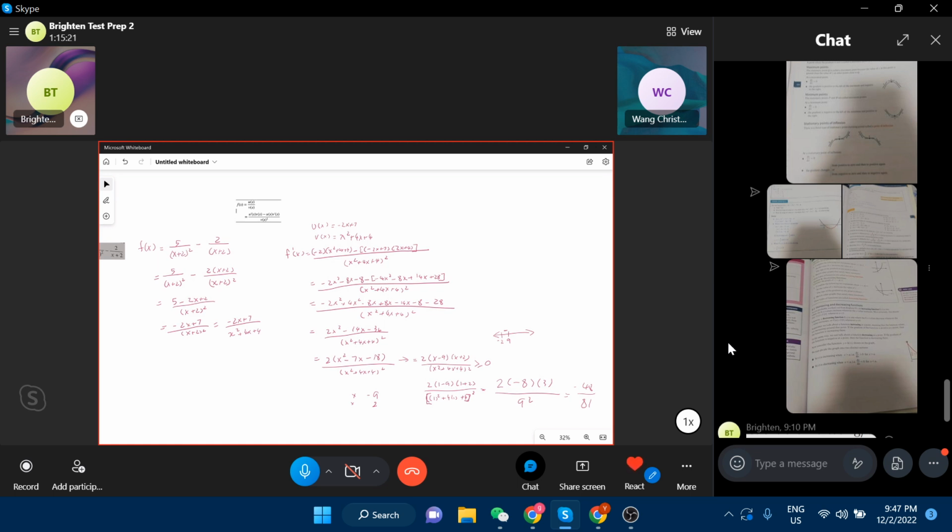It shows that 2x minus 6 over (x plus 2) squared. I mean cubed. Wait, do you mean the answer? Yeah, and then it says neither. Okay, let me see what it is after 9 plus 2.